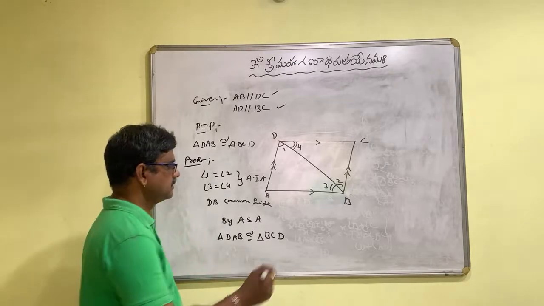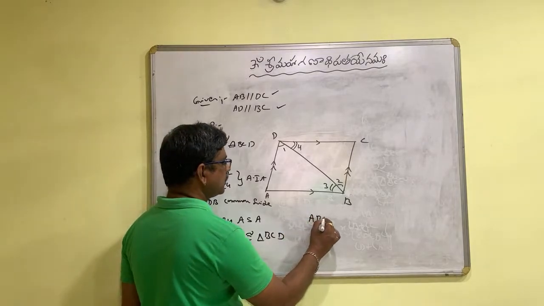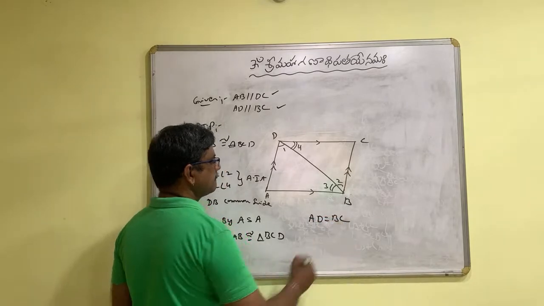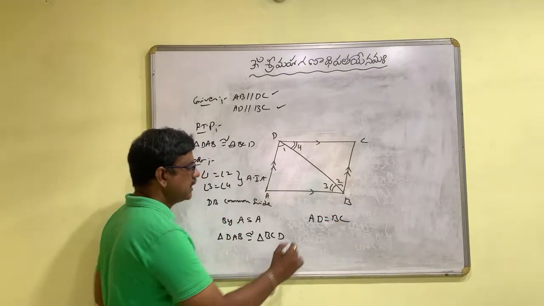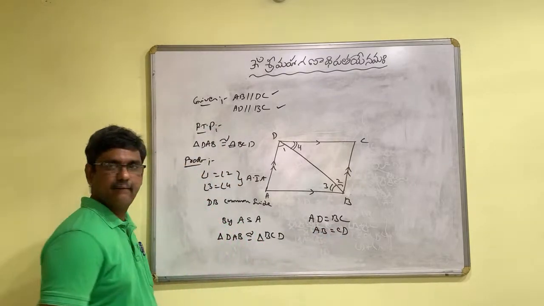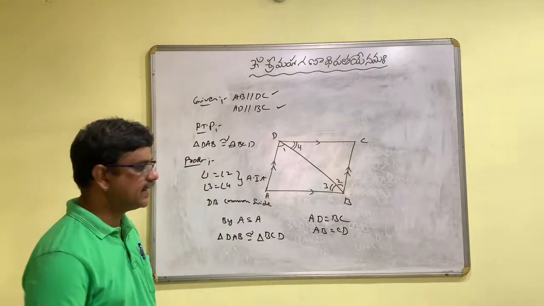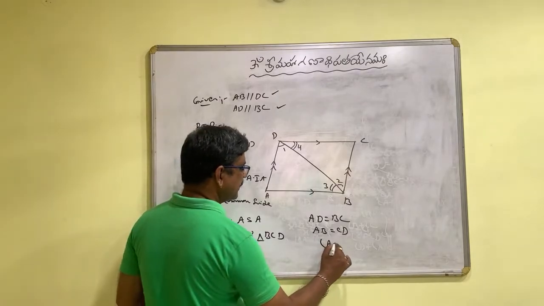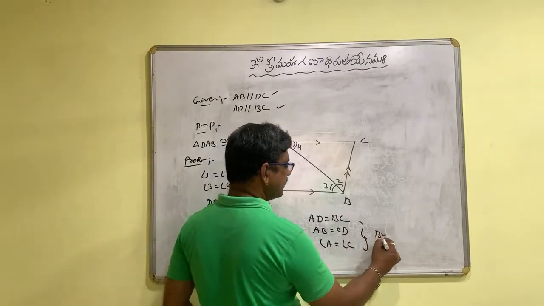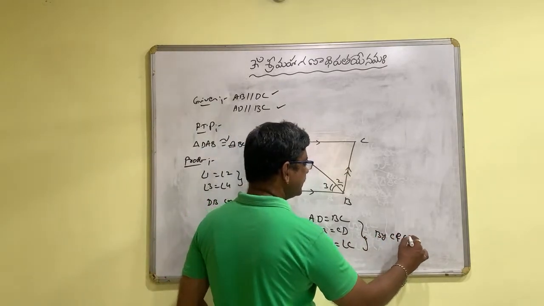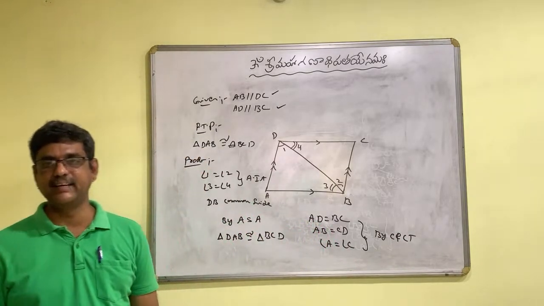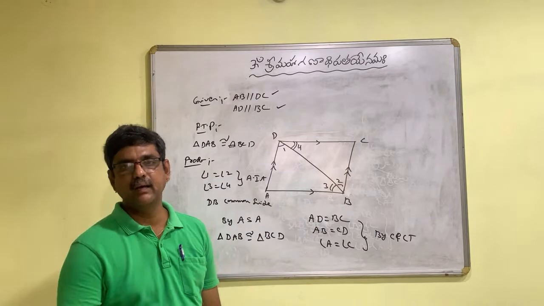AD, yes, AD is equal to BC. AB is equal to CD. Also angle A is equal to angle C. These are equal by CPCT.